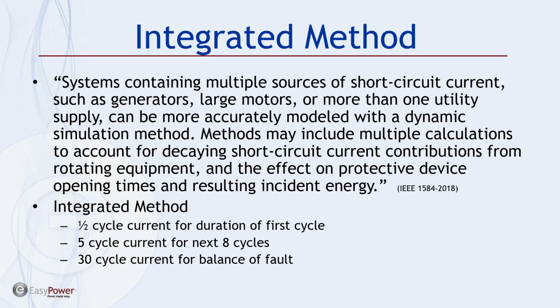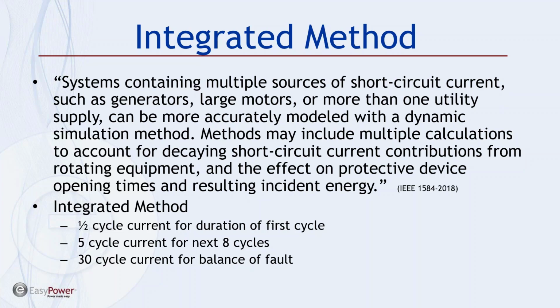Well, now with the release of 2018 and the verbiage that states systems containing multiple sources of short circuit current, such as generators, large motors, or more than one utility supply, and a good case in point is a PV farm where you have relatively low current that could supply a lot of energy, they need to be more accurately modeled with a dynamic simulation method.